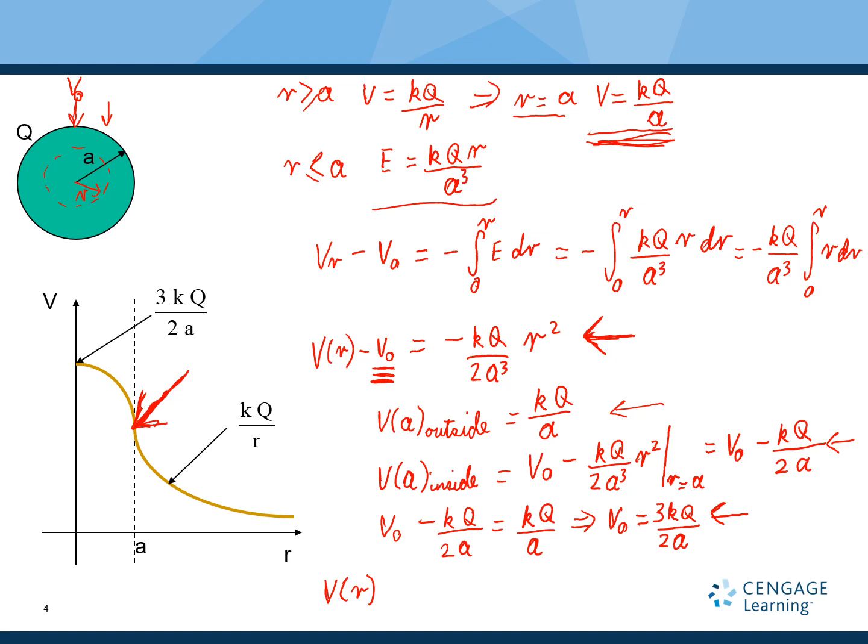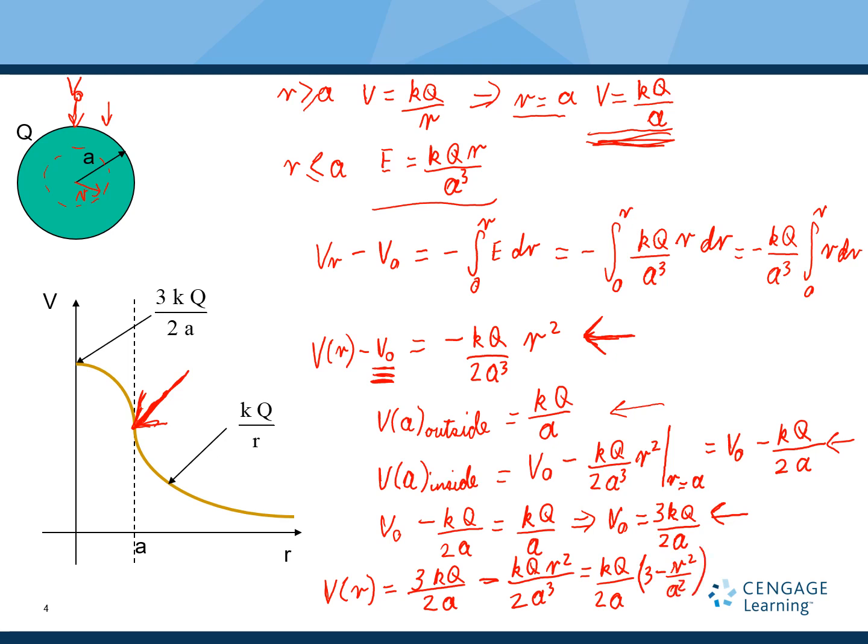So we get V(r) is equal to 3kq divided by 2a minus kq r squared divided by 2a cubed. And I can go ahead and write this in a convenient notation. So I obtain kq divided by 2a, and then I have 3 minus r squared divided by a squared.